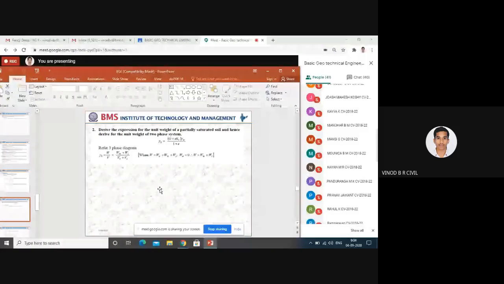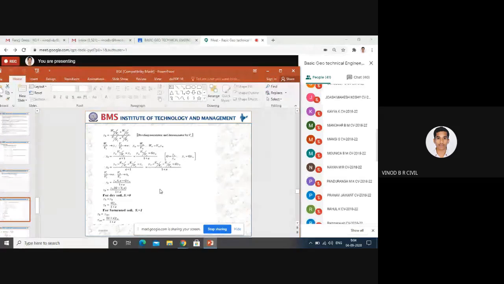Next is volume of voids: volume of air plus volume of water equals volume of voids. Total volume is equal to volume of air plus volume of water plus volume of soil. We can club volume of water plus volume of air as volume of voids, Vv, with the help of the three-phase diagram.